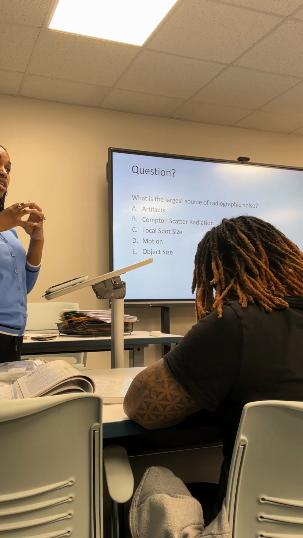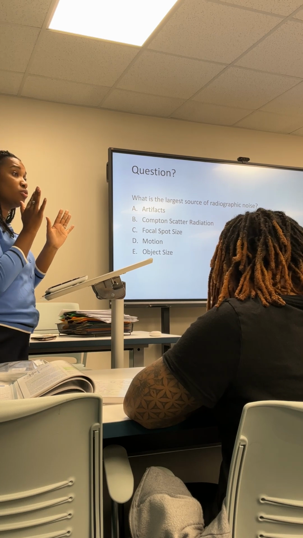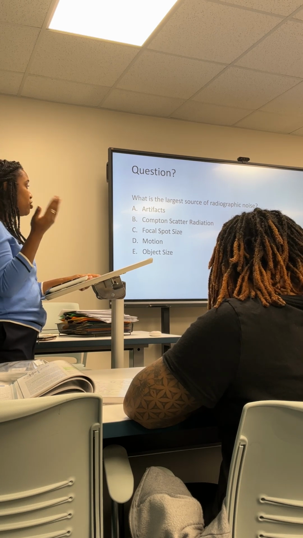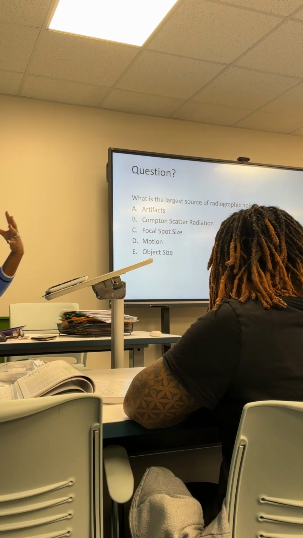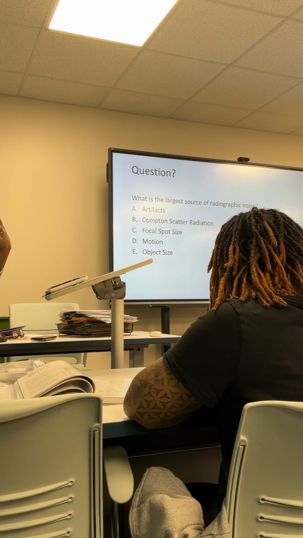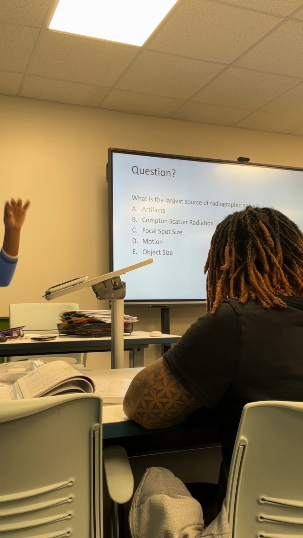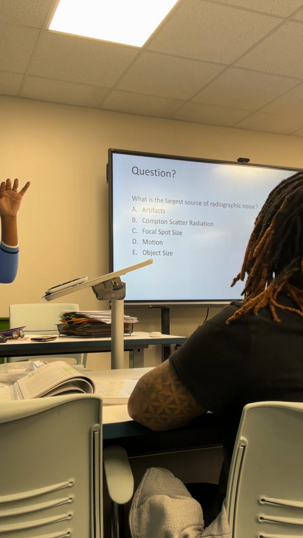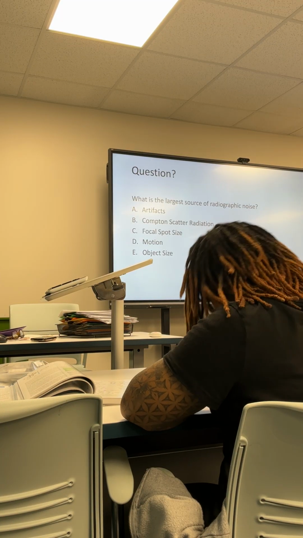That's where spatial resolution comes in. Those are connected. Unsharp edges are also called penumbra. You can have scatter and still have sharp edges. You can have scatter and have motion. Motion goes with low spatial resolution.